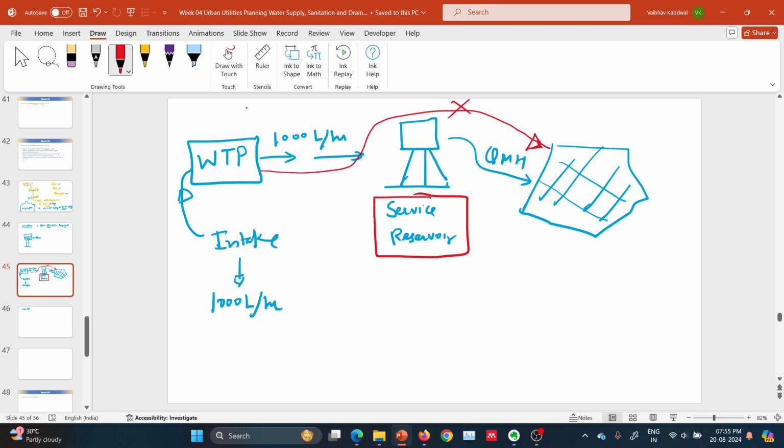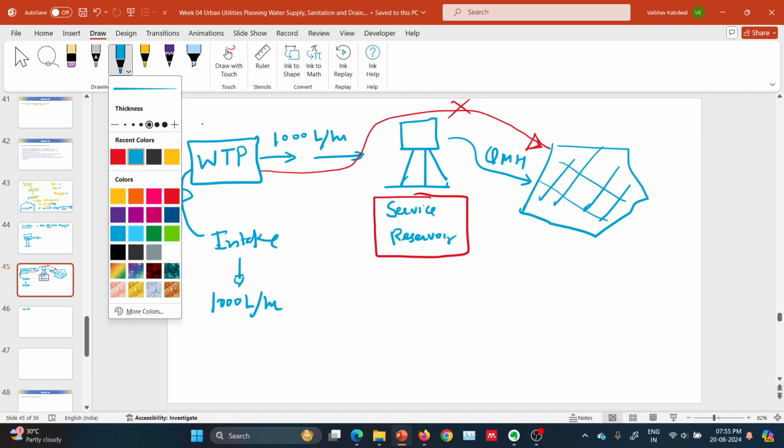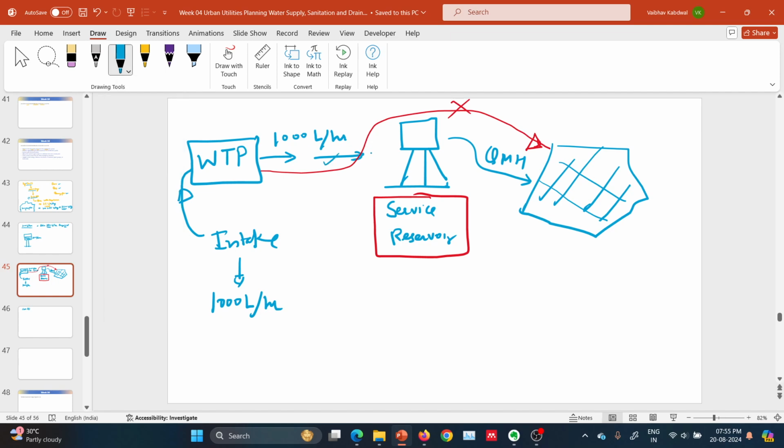So we'll not go through this path, we'll go through this path, then we'll supply. So it will have some extra water which can be used when there is a requirement of extra water. This is the use of this service reservoir.